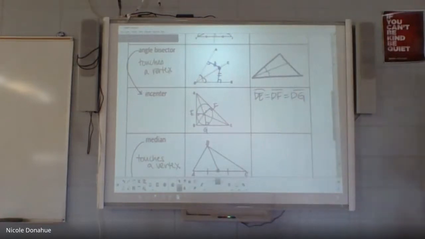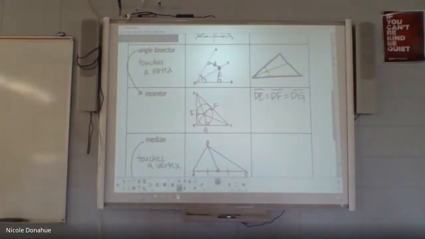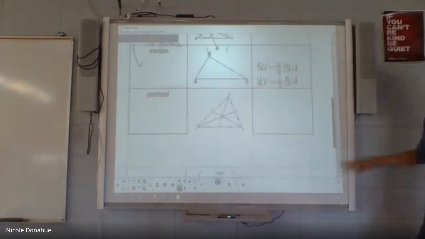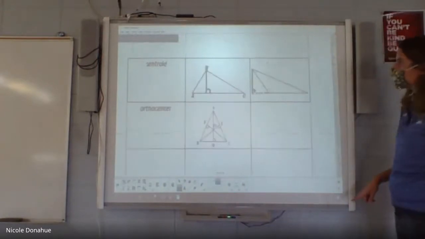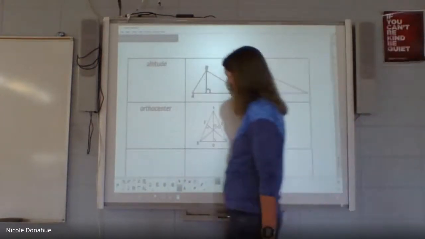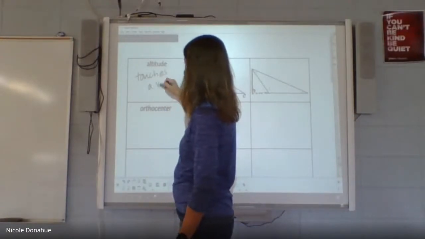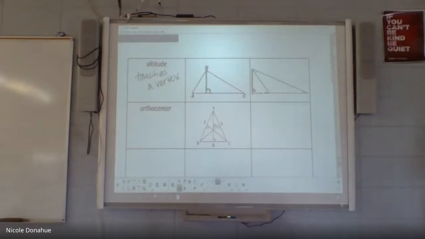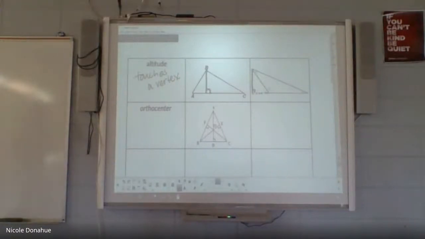I like questions like that, so thank you. Make sure you ask them if you need clarification. The altitude should touch a vertex as well. The only ones that don't have to touch a vertex are the perpendicular bisector and the mid-segment. Those typically aren't going to touch a vertex except in a special case.